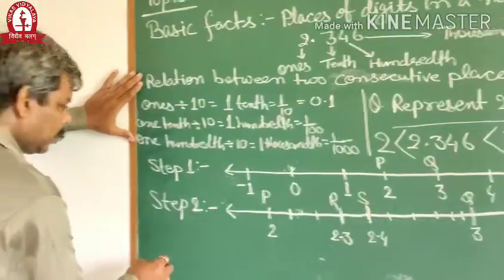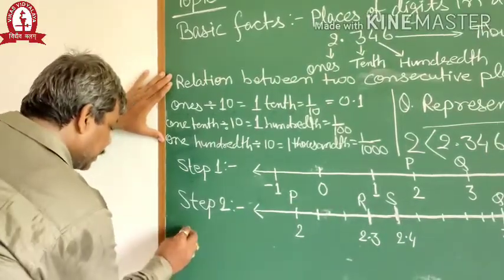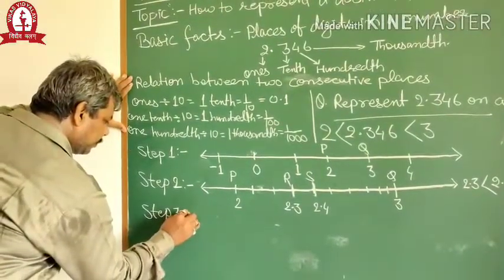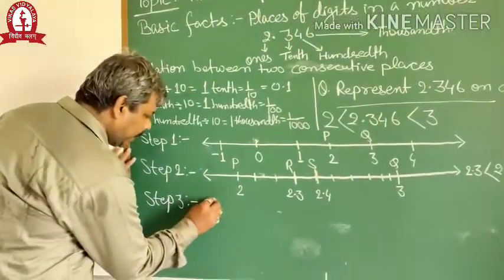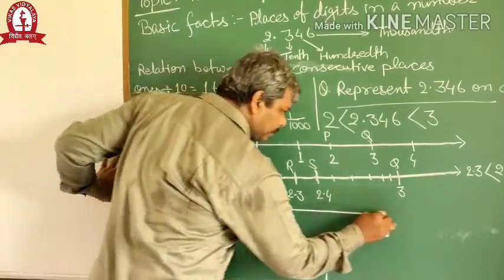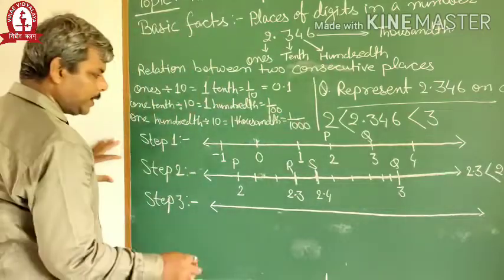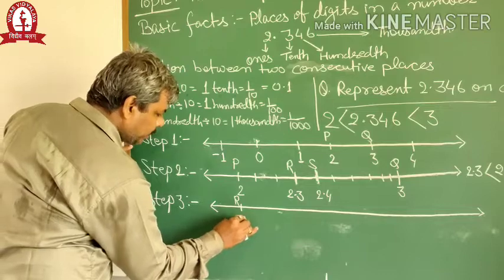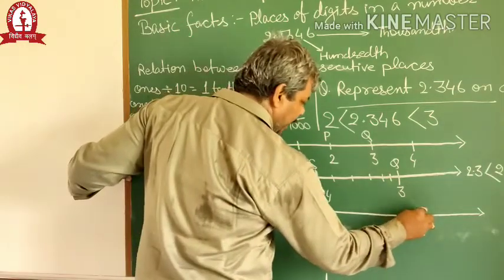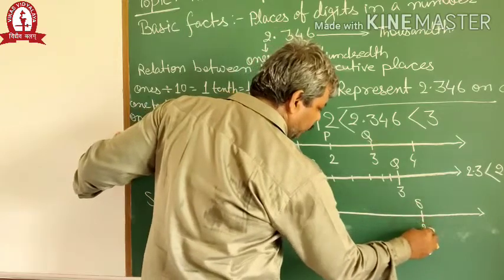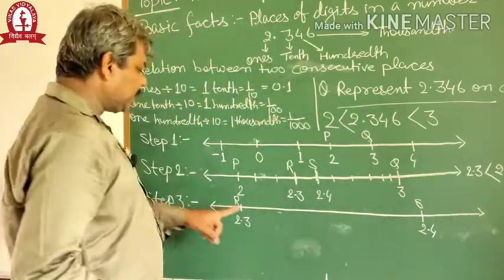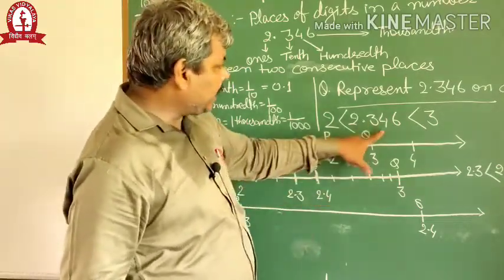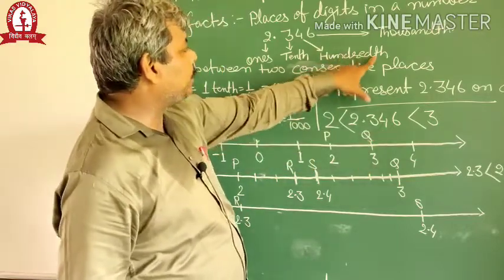In step third, we magnify this distance again and we write step 3, and after magnifying we get the real line at which R represents 2.3 and S represents 2.4. This is 1/10 unit distance, and the second digit is at 100th place.